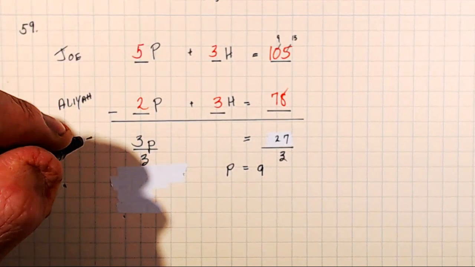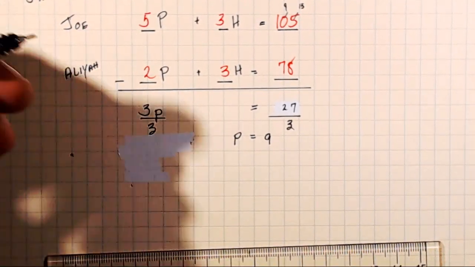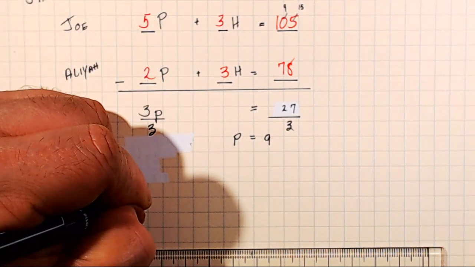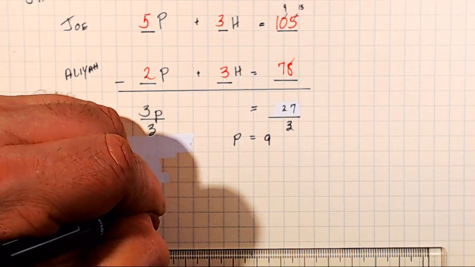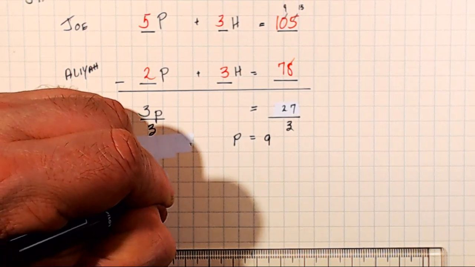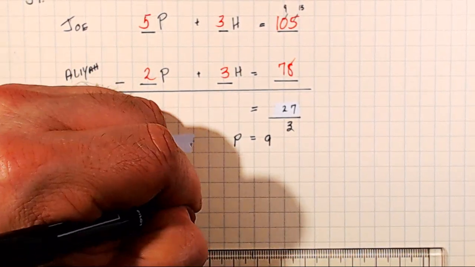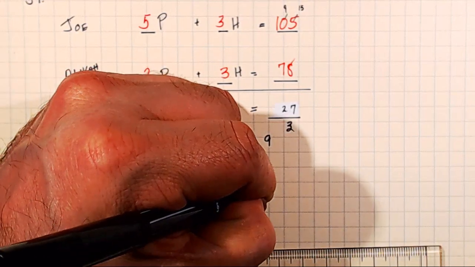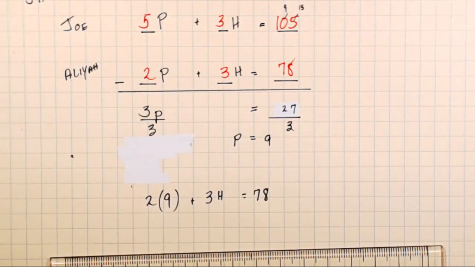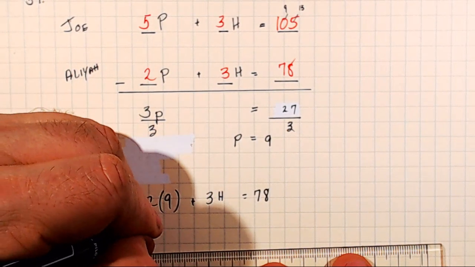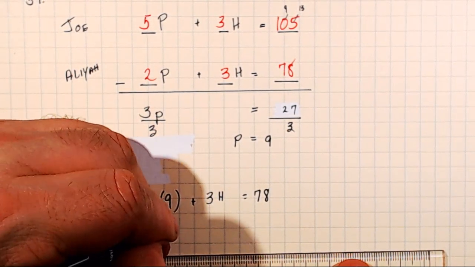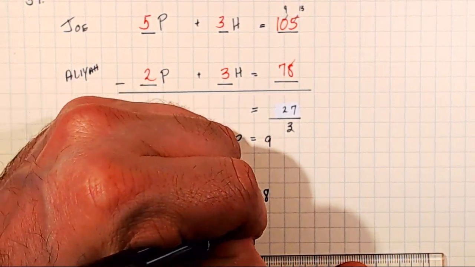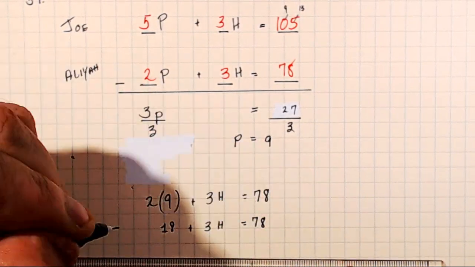Now we'll plug that into one of our equations. Let's plug this into 2 times 9 plus 3h equals 78. See if I can be a little bit better at arithmetic this time. 2 times 9 is 18 plus 3h equals 78.